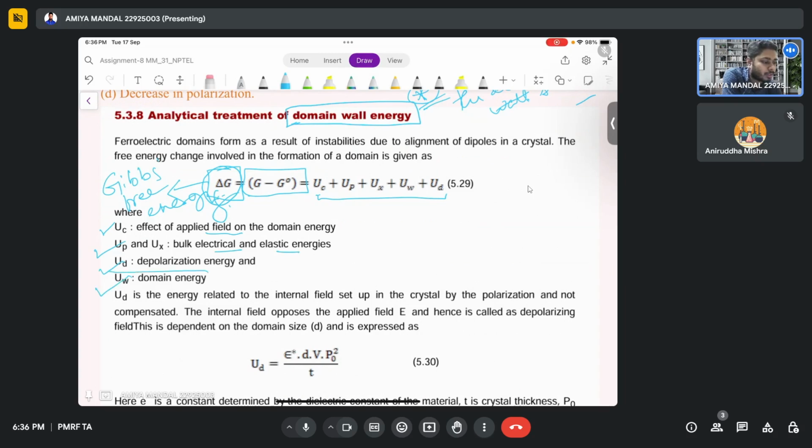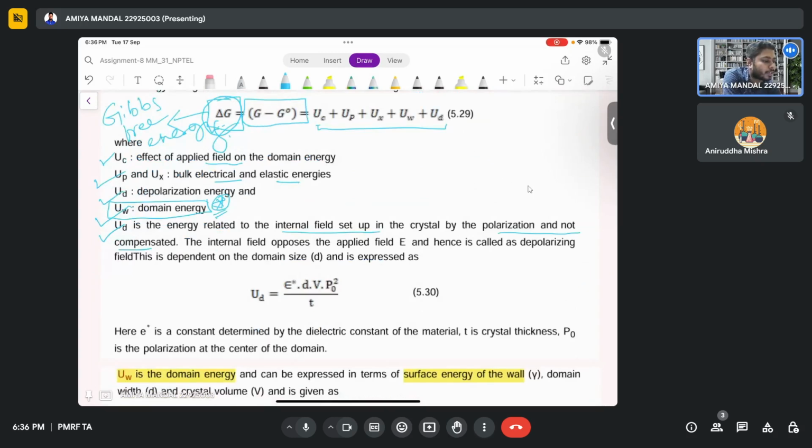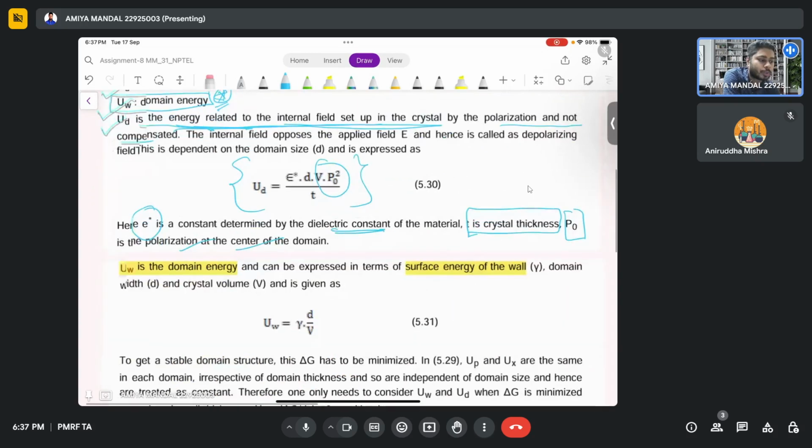You must be aware that UD is the energy related to the internal field set up in a crystal by the polarization and not compensated. It is expressed as epsilon naught A by D and Vp naught. Epsilon star is a constant denoted by the dielectric constant, D is the dielectric thickness, and P naught is the polarization at the center of the domain.